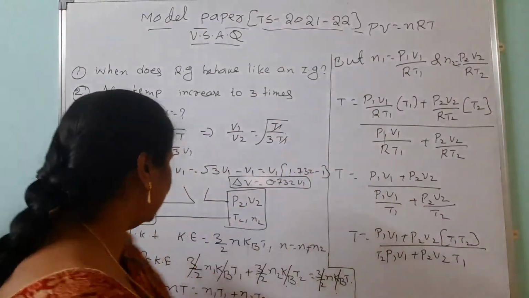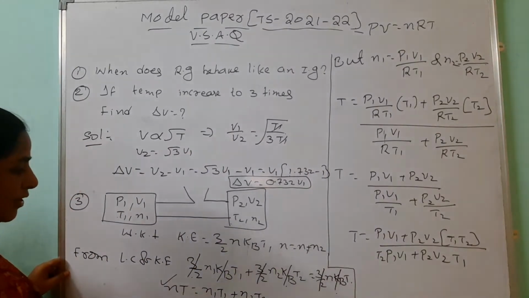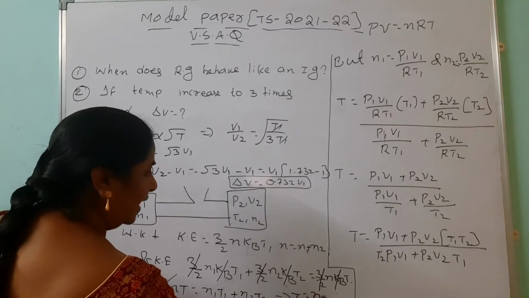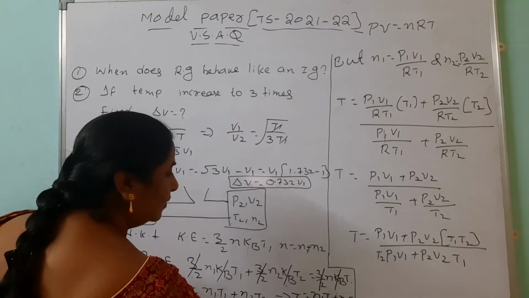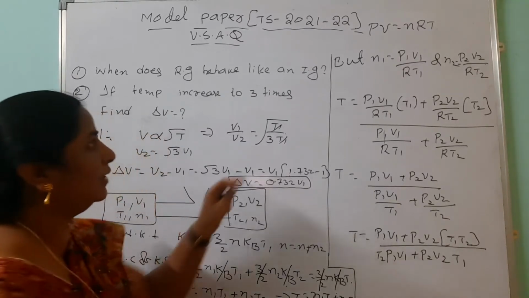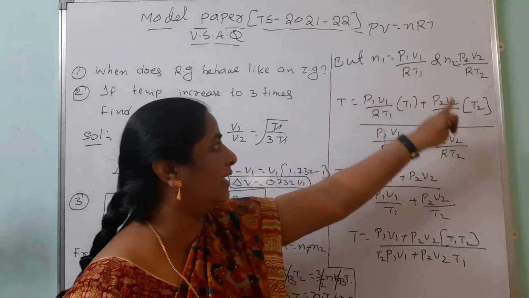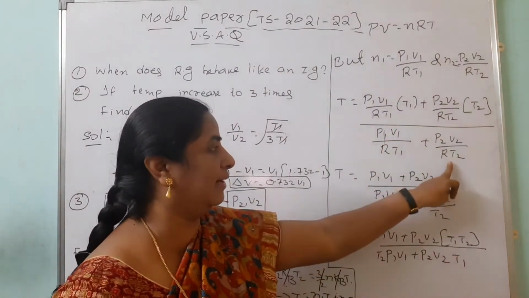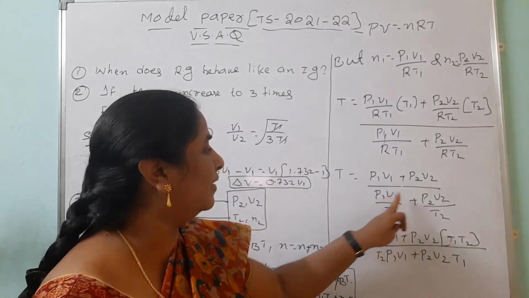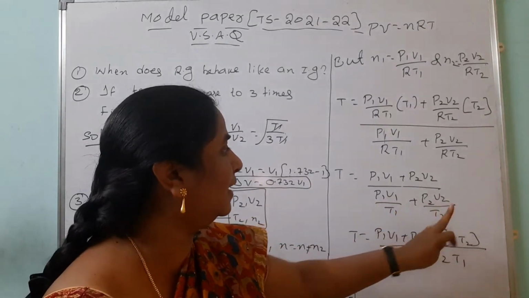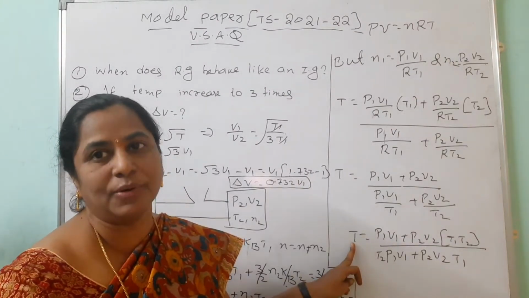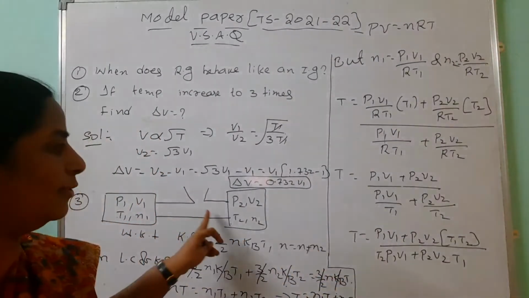Substitute in the expression: T equals (N1T1 plus N2T2) by N, and instead of N we write N1 plus N2. After simplification, T equals (P1V1 plus P2V2) by (P1V1 by T1 plus P2V2 by T2). Finally, this is the common temperature of both gases when we connect them through the wall.